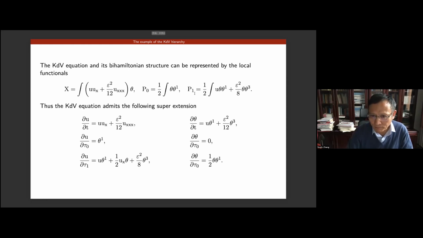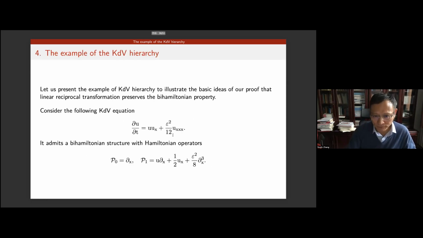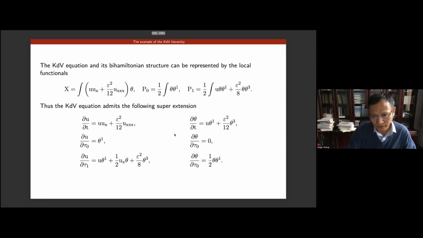So P0, P1 are Poisson bivectors. And then we can extend the original KdV equation to a super extension. We have the KdV equation, and the other variable, a super variable, has this evolution along the original t.